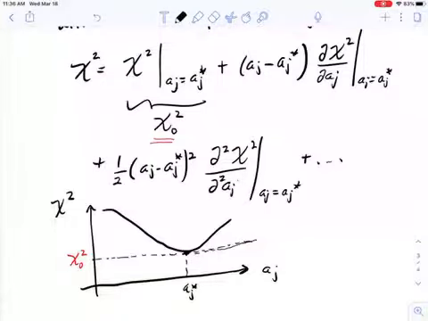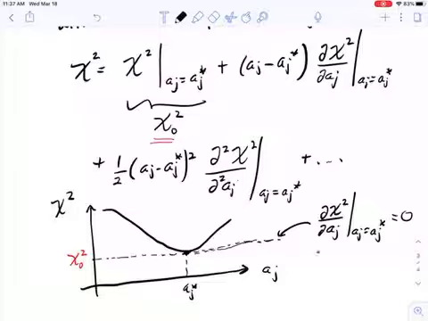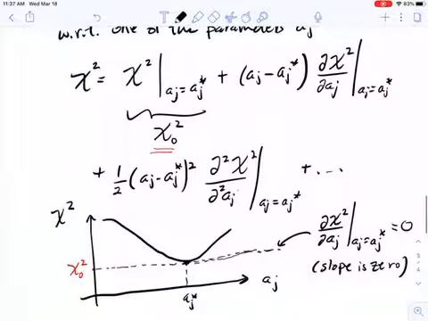And so that means d chi-squared d aj at aj equal to aj star is equal to 0. Slope is 0. Okay, that's nice, because what we can do is just throw away this first order term in our expansion.